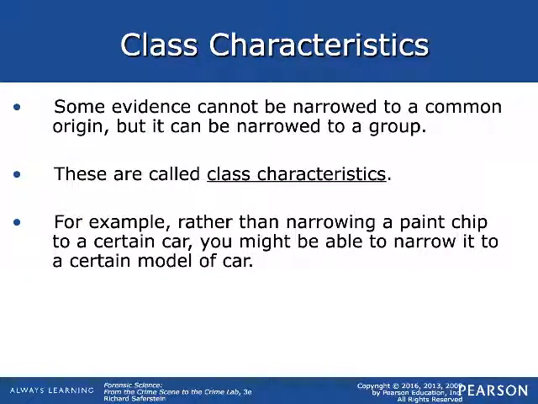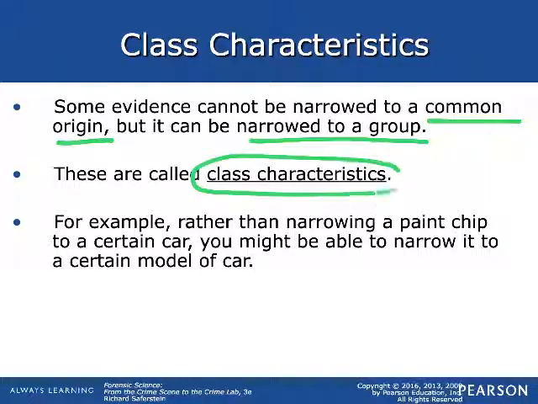Okay, now, lots of times evidence can't be narrowed down to a common origin or individual characteristics, but it can be narrowed down to a group of things, okay? And those are called class characteristics. So that's the difference between Bob's Buick and any 2016 Buick.